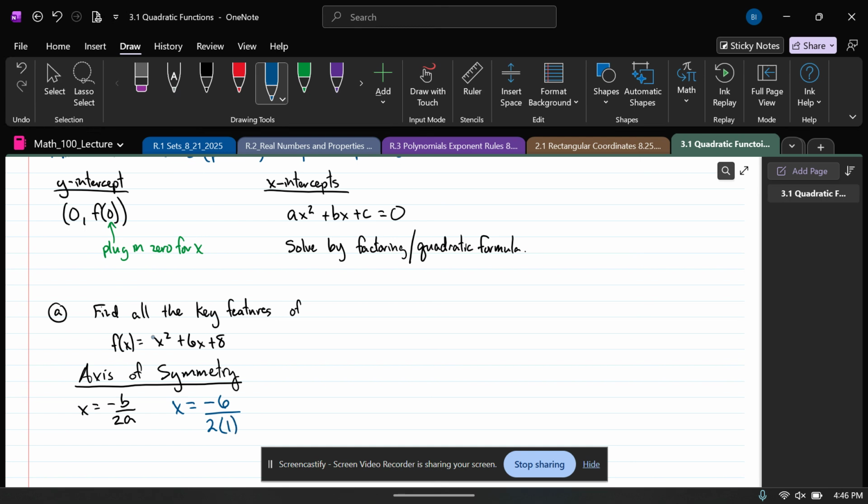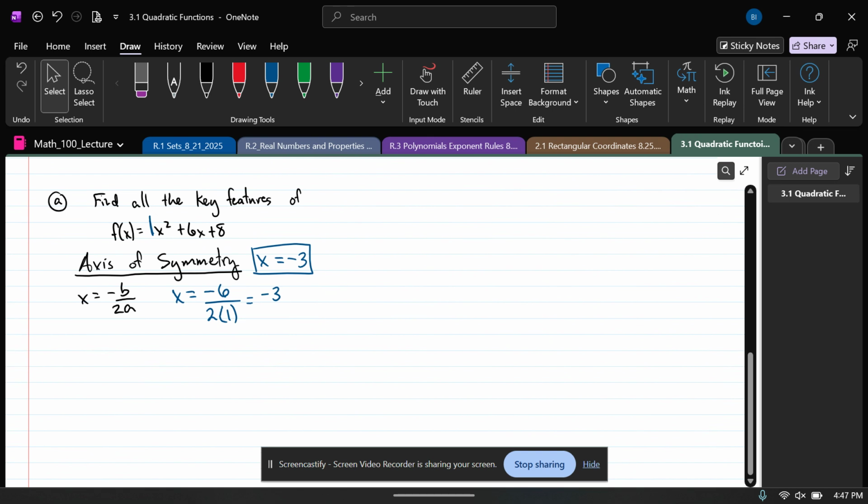And a in this case is 1. That's what's in front of x squared, a 1. And I'm going to work that out. Negative 6 divided by 2, negative 3. So the axis of symmetry is x equals negative 3. Okay.